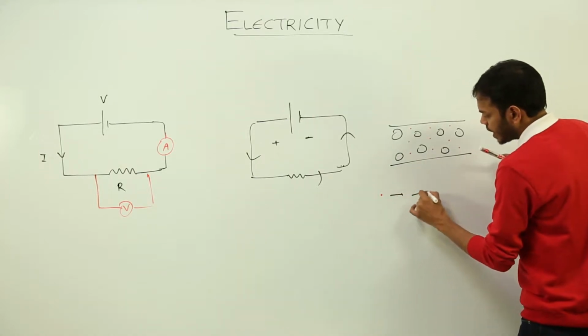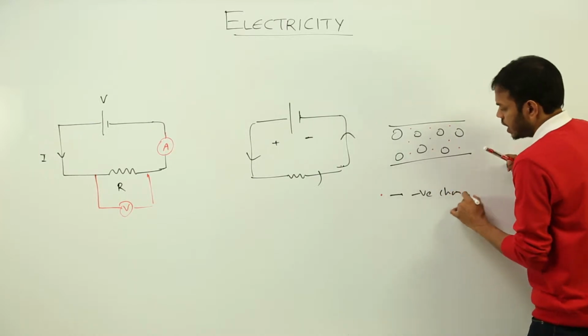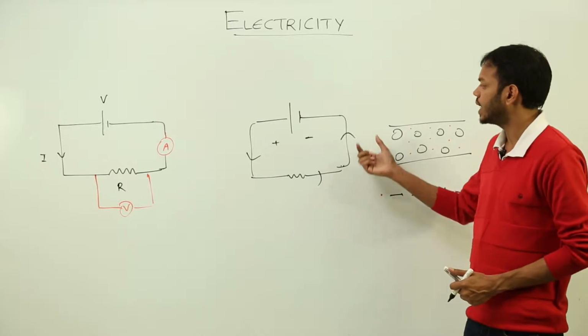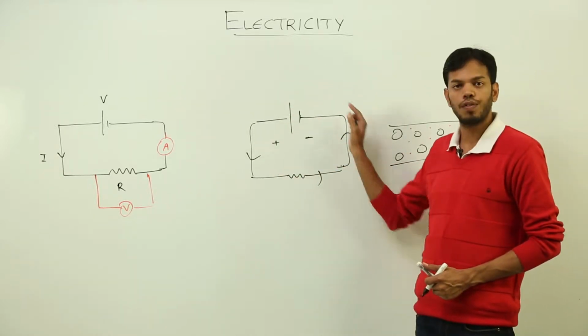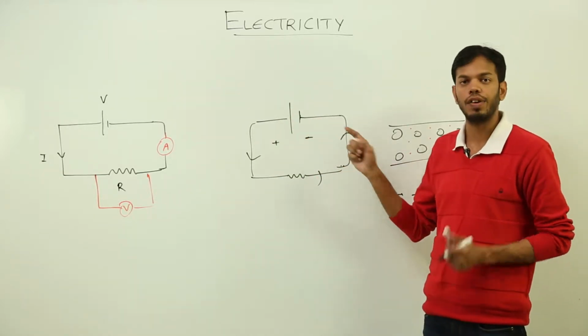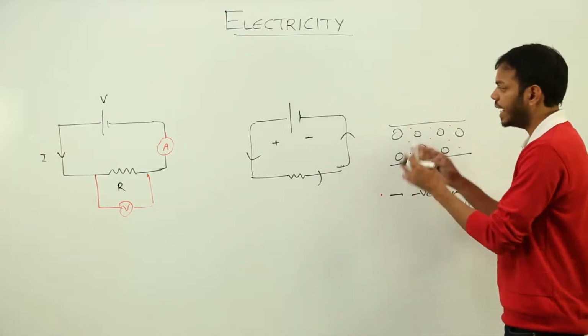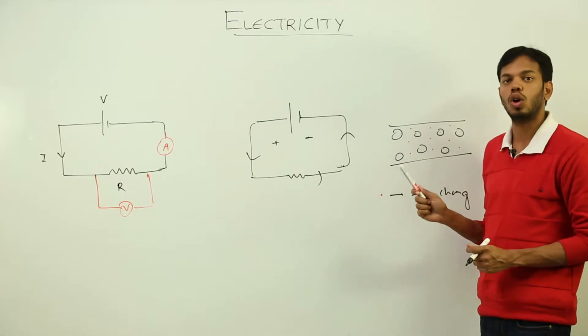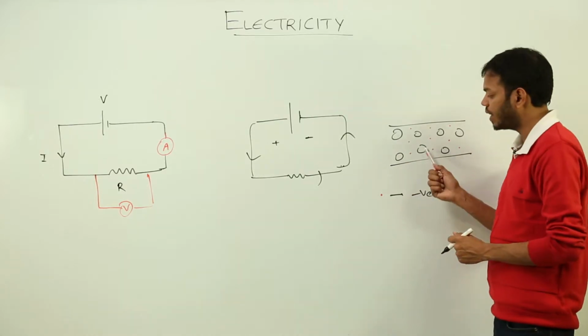Is a negative charge. So here comes the question, why am I taking the direction of flow of current from positive to negative when I already know that the current which is flowing in this part of the circuit is due to the flow of electrons, and electrons are actually negatively charged.